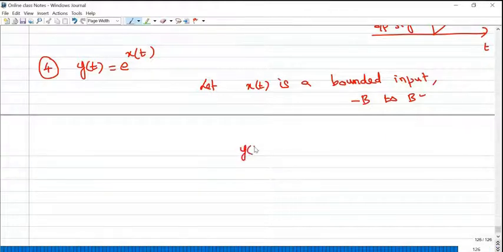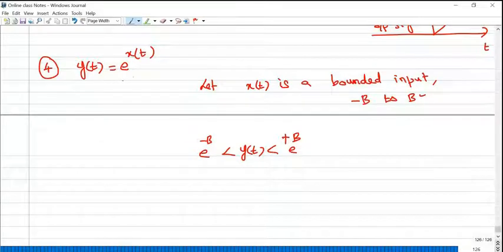So your y of t is between e power minus b to e power plus b. Assume x of t equal to 1 or x of t equal to 2 times u of t. Whatever bounded value you assume for x of t, your result would be y of t between e power minus a constant up to e power plus a constant.